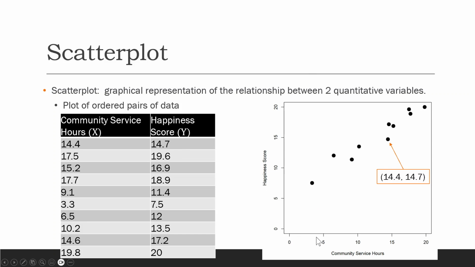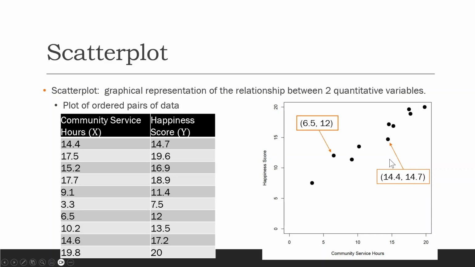So for instance, I can look at these points. If I start at 0 and go to the right to 14.4 and go up 14.7, I will get to this point here. So this point represents that a person who volunteers for 14.4 hours has scored 14.7 on the happiness assessment, or whatever battery is used to measure happiness.